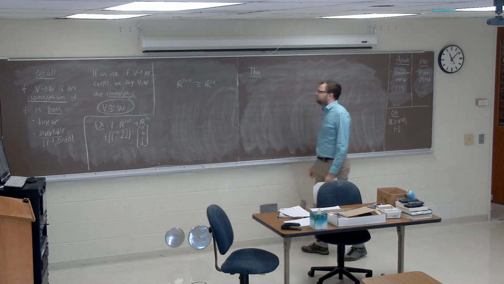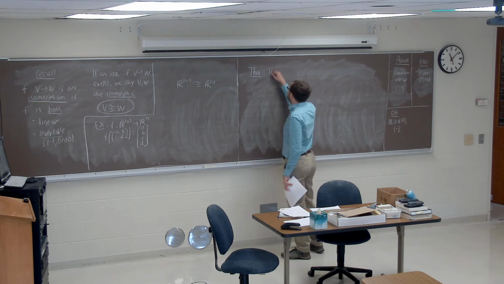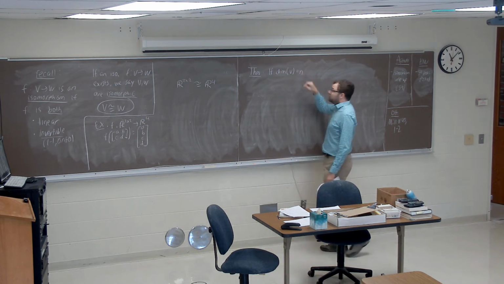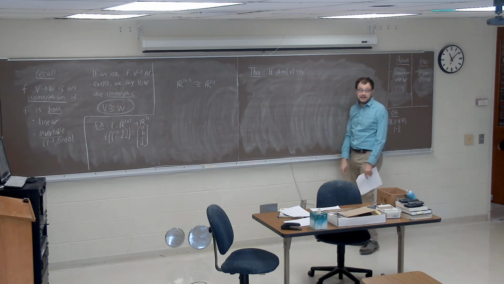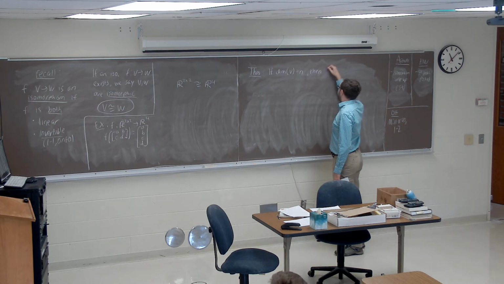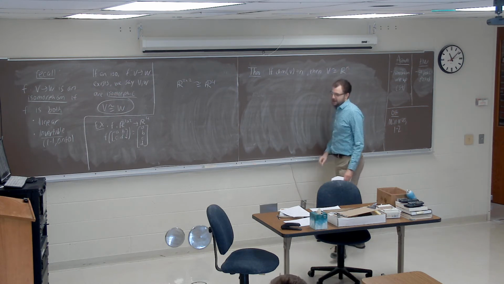So the first property is going to be: if we have a vector space V where V has dimension n, it's an n-dimensional vector space, then V has to be isomorphic to Rn.